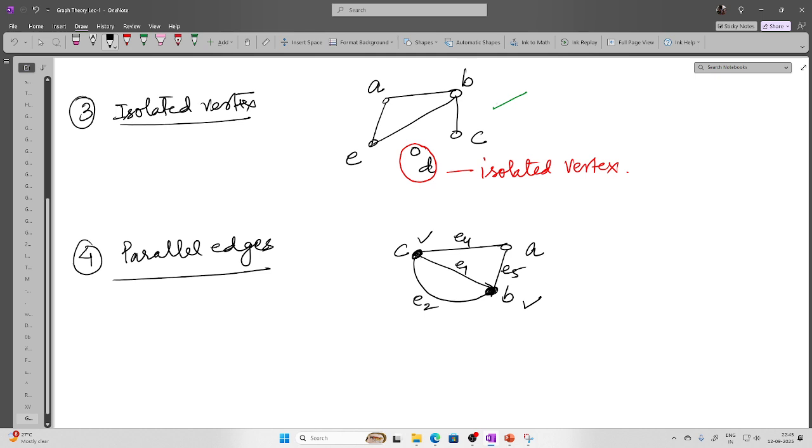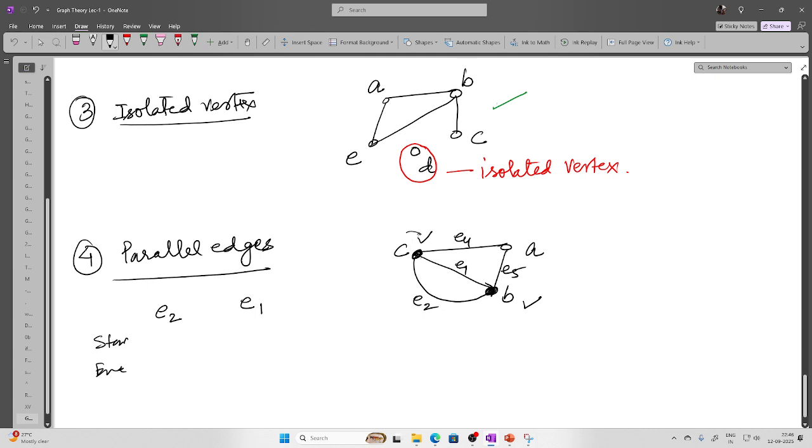So what is a parallel edge? Two edges or more than two edges are called parallel edges if their starting and ending vertex, that is, initial vertex and terminal vertex, is the same. So for edge E2, let's say, and this is E1, and this is start and this is end.